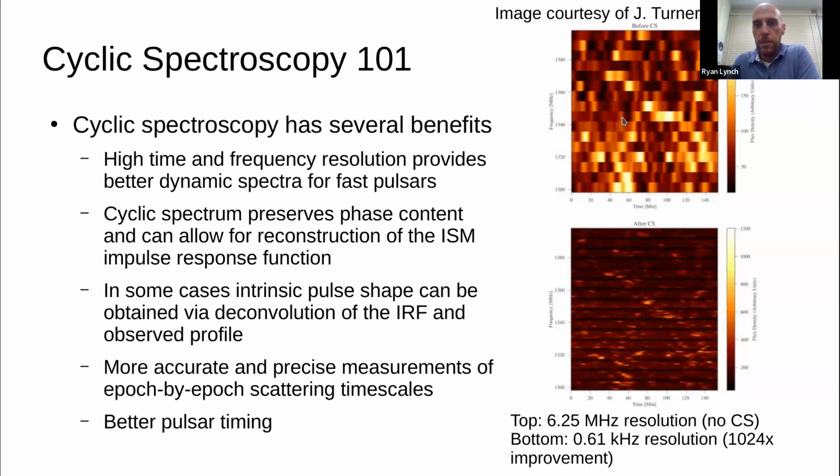On the top is the dynamic spectrum for the original millisecond pulsar, B1937+21, taken with more traditional observing techniques. And then the bottom plot is that same data set, but processed with cyclic spectroscopy to provide a factor of about 1,000 better frequency resolution. And you can see all of these different scintillation structures emerging there. This is data that was taken with the Arecibo telescope.